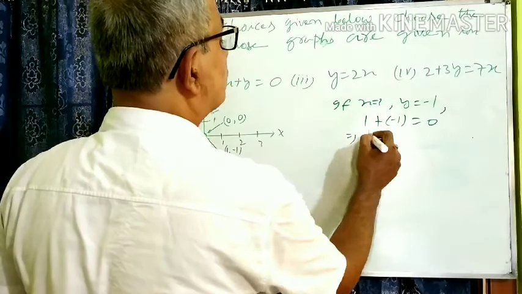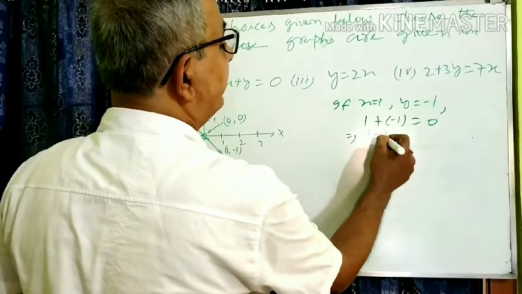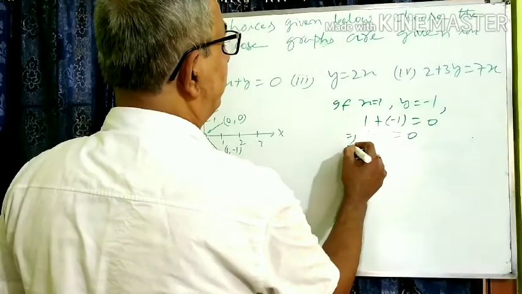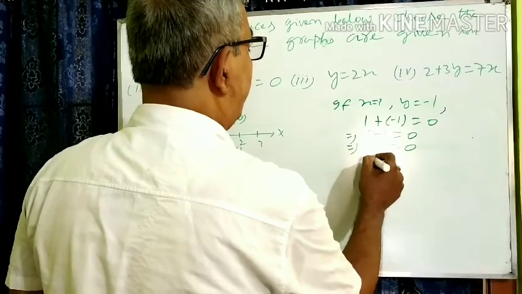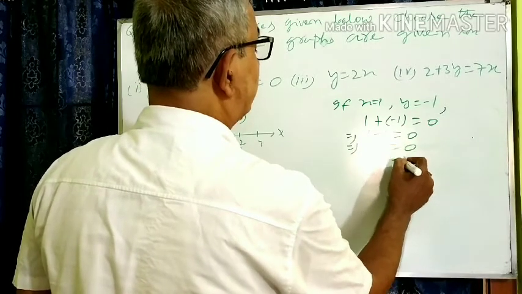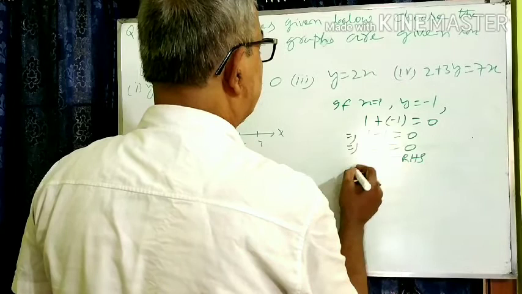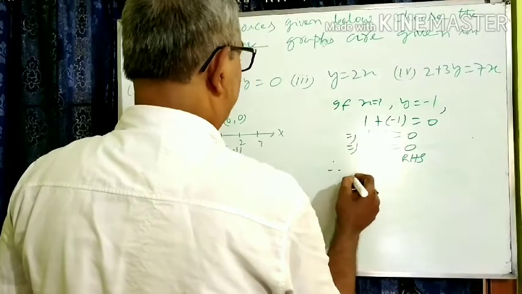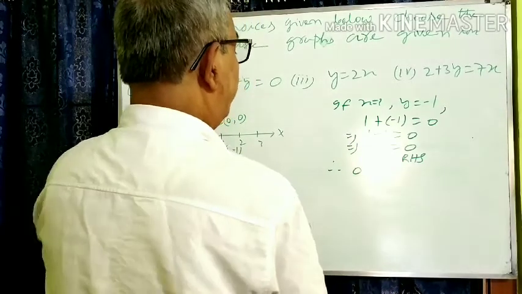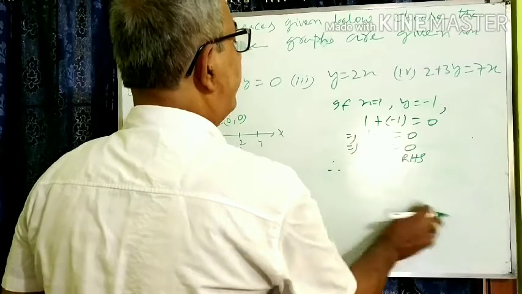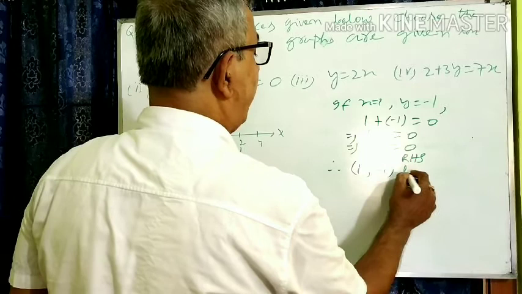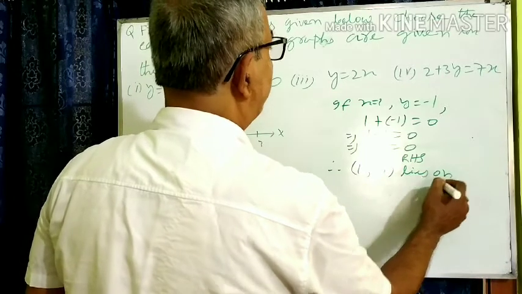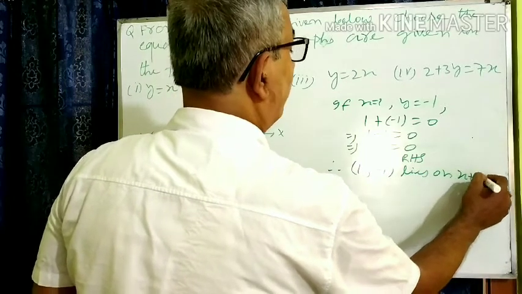Therefore, what happens? 1 plus minus 1, that is equal to 0. Now you are getting what? 0 is equal to 0. LHS is equal to RHS. Therefore, you can write 1 minus 1 lies on x plus y is equal to 0.